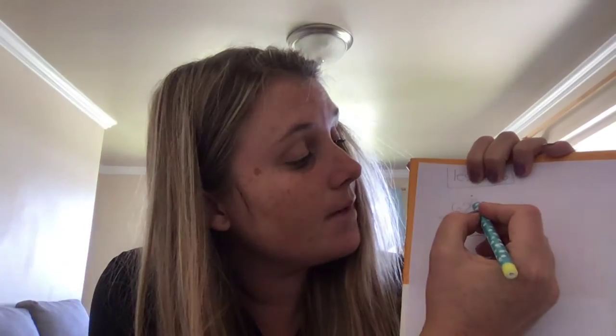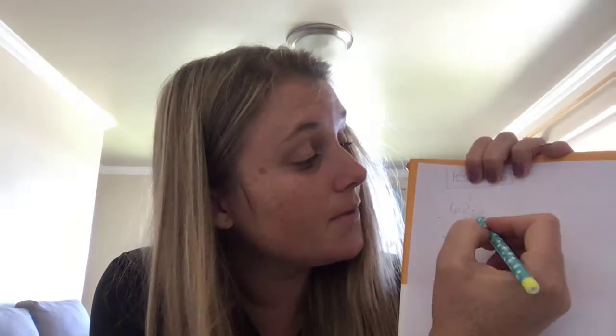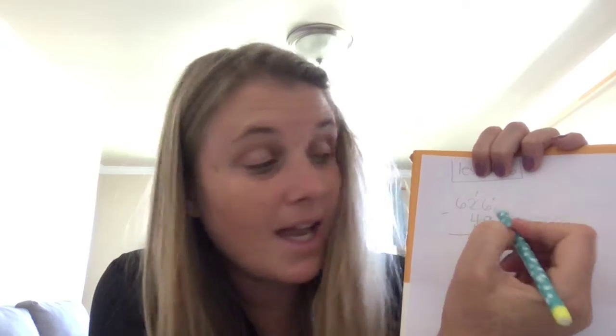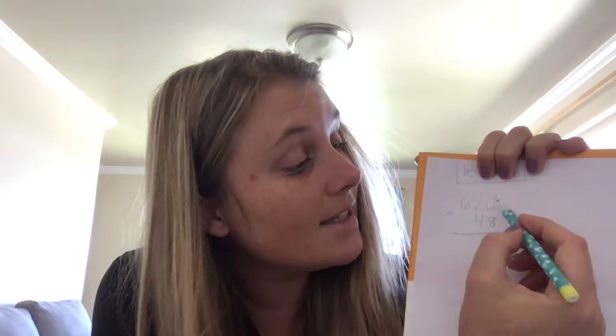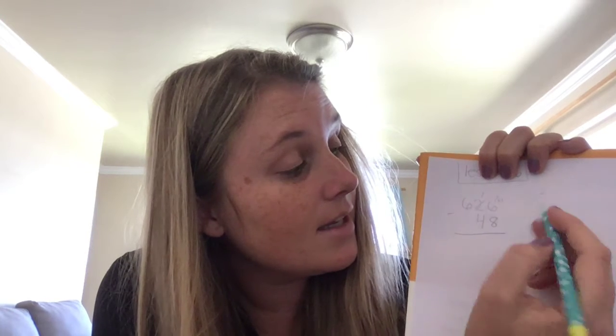Can we do that? So we need to borrow a group of 10s, right? So let's come over here. We're going to borrow one of those groups of 10. So this becomes a 1. Now this group of 10s comes over here, and we add it. 6 plus 10 is 16. Okay, 16 take away 8 is 8.